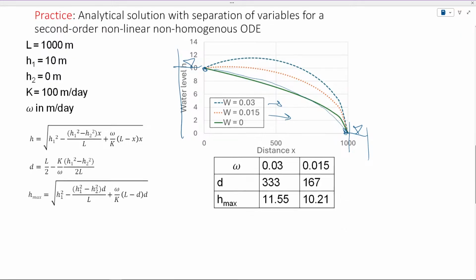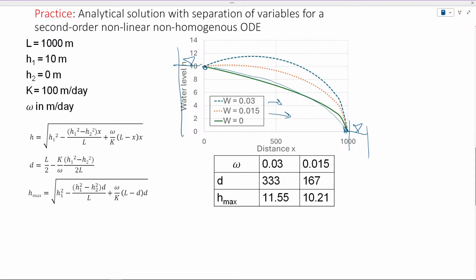But when you have some recharge, here you have two values of recharge. Here you have a larger recharge, and here you have a smaller recharge. If you have a larger recharge, you get a groundwater divide here. The head will increase until it reaches a point, and then it will decrease again.